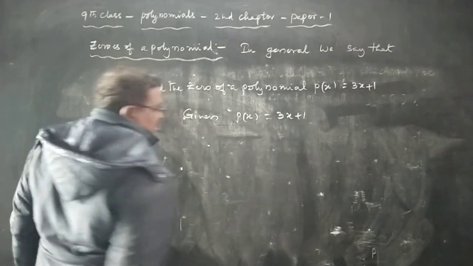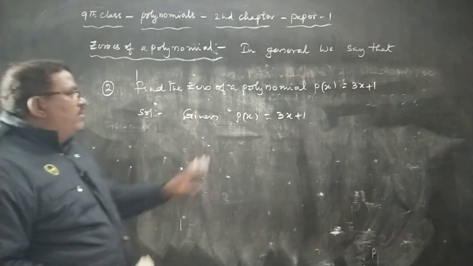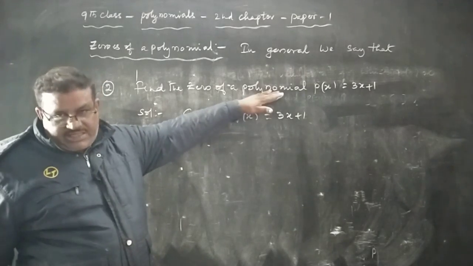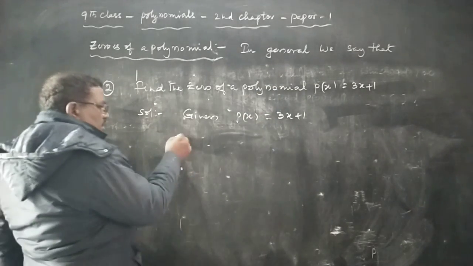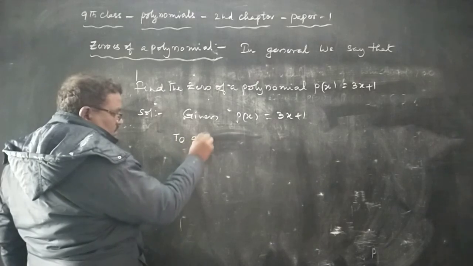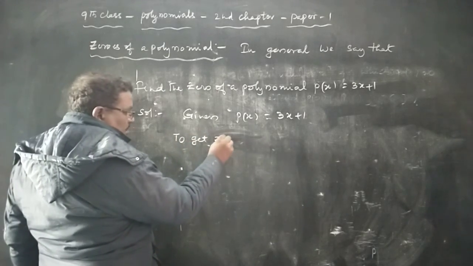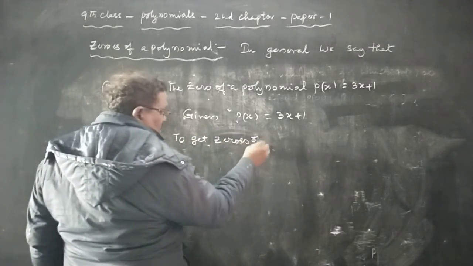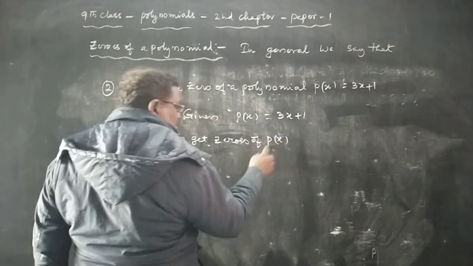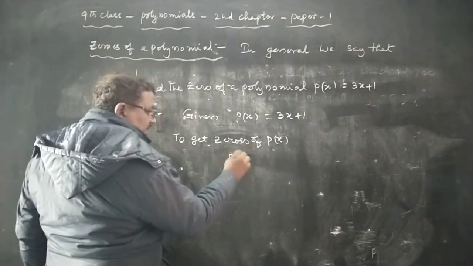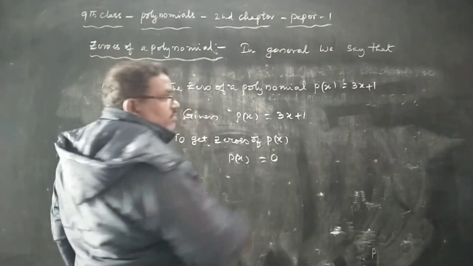This is the p of x. What is the zero of the polynomial that is asked here? So that means to get the zeros of p of x, p of x must be equated to 0.